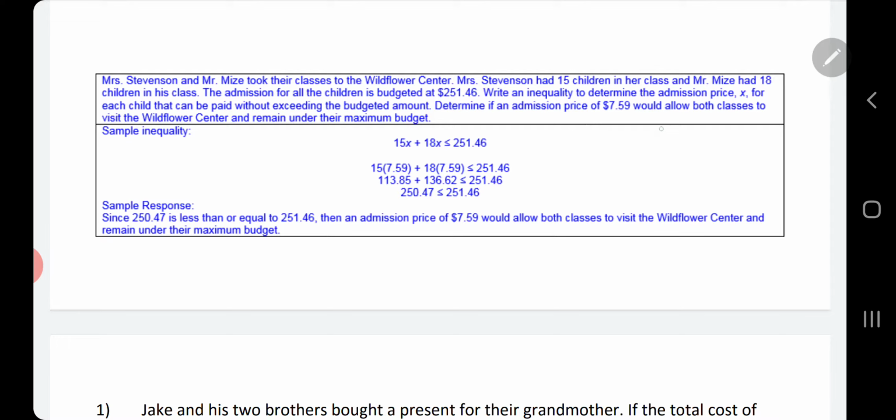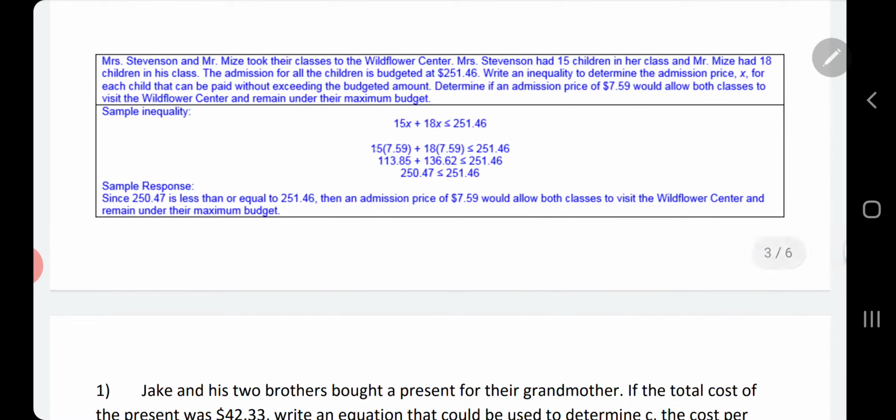Once again, it does ask us if the admission at $7.59 would allow both classes to visit the Wildflower Center. So now they're giving us an amount for the admission, so we can replace X with $7.59. So 15 times $7.59, plus Mr. Mize's kids, 18 times $7.59.